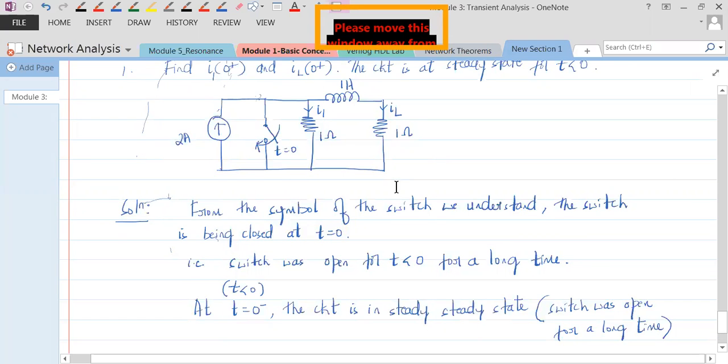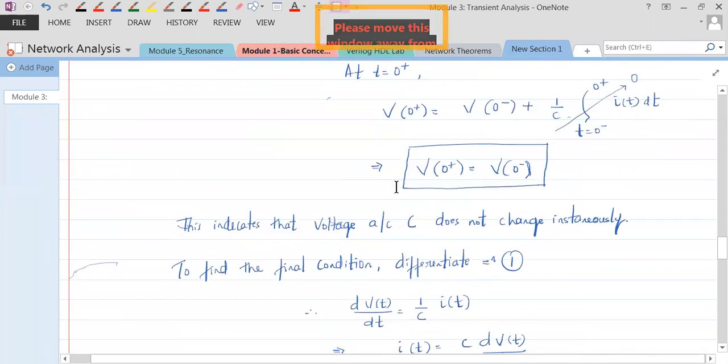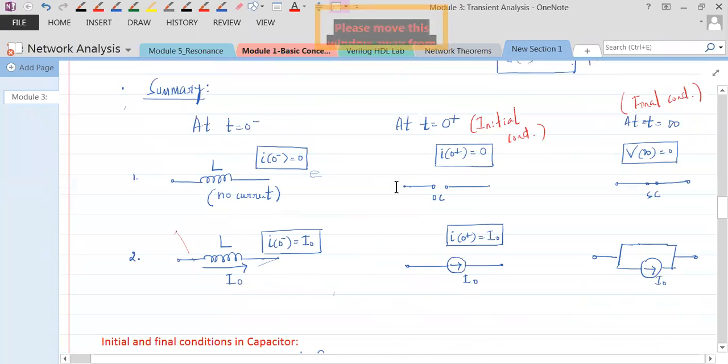Everybody just lend your ears and concentrate. See here, these are the conditions that we have obtained yesterday. Suppose I of 0 minus is 0. That means I of 0 plus is also going to be 0. That is the initial condition.